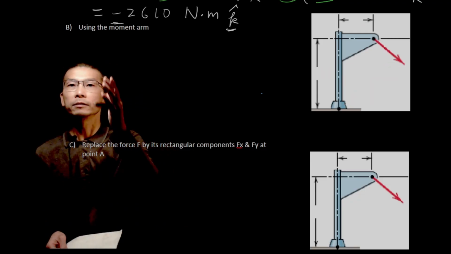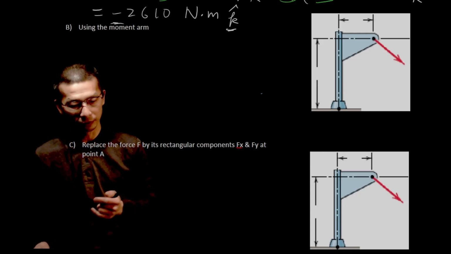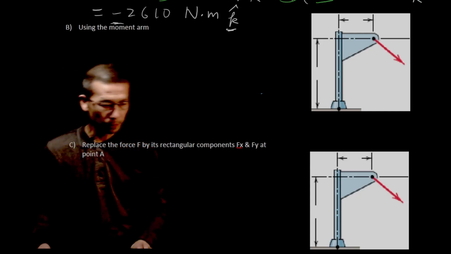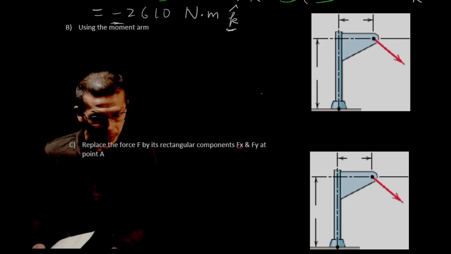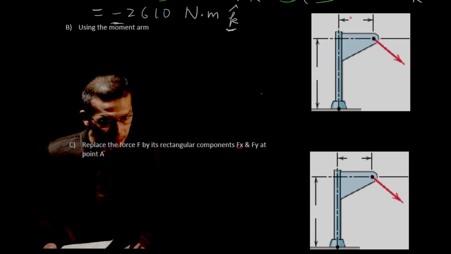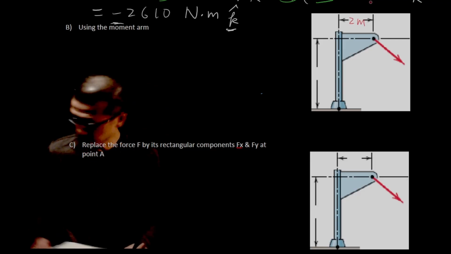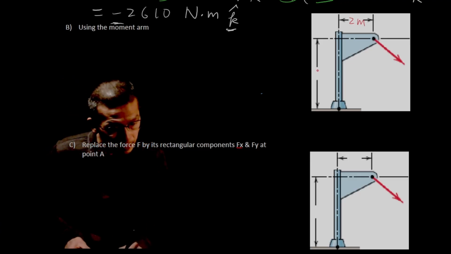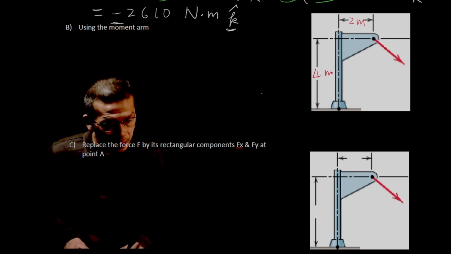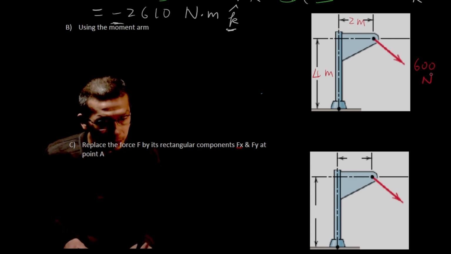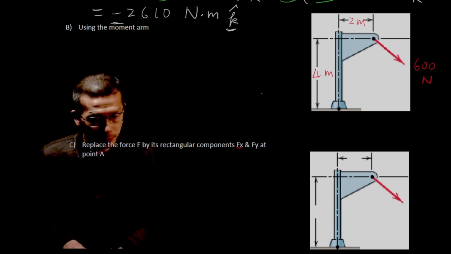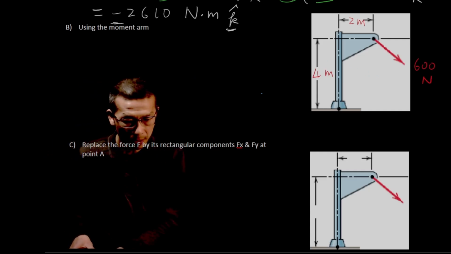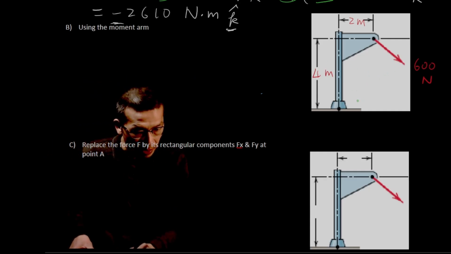Now let's try the second way to do this using the moment arm. So let's draw this diagram again. Given this is 2 meter, this is 4 meter, and 600 Newton. Where is the moment arm?